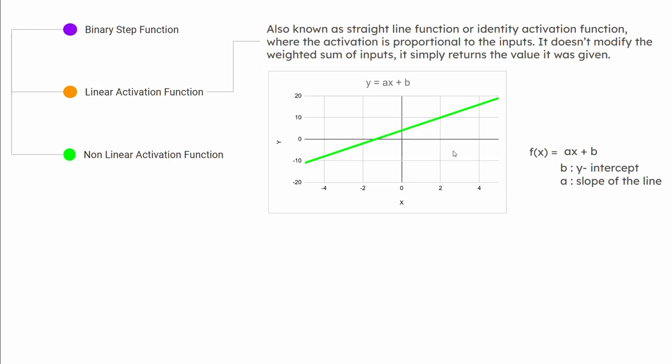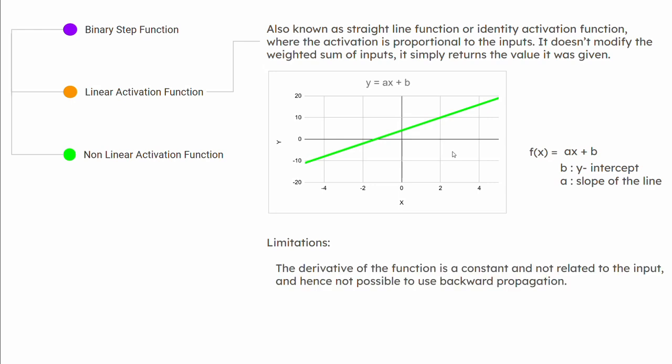So what are the limitations of the linear activation function? Similar to the binary step function, when you differentiate this function with respect to x, you get a, which is a constant. Hence it is not related to the input, so it is not possible to do backward propagation.